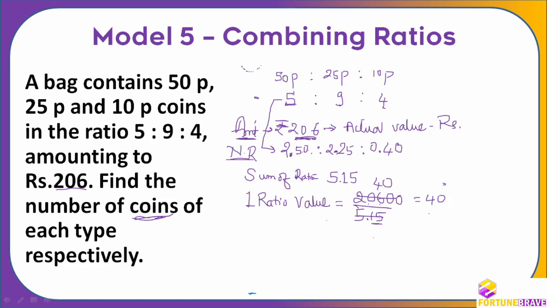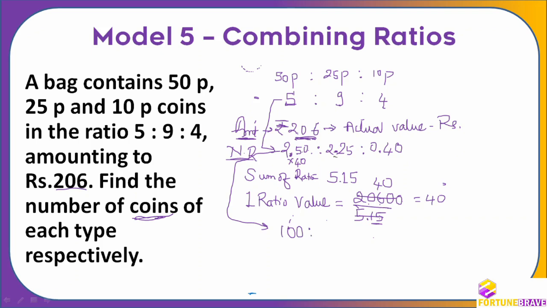So once I get one ratio is equal to 40, what I have to do? I have to multiply as usual by 40. Once I multiply this by 40, what I'll get? See, 50 paisa coin only I am putting here. So 2.50 into 40 will be how much? 100.